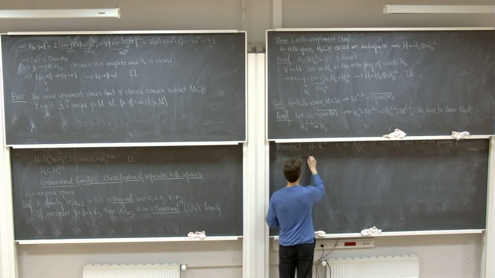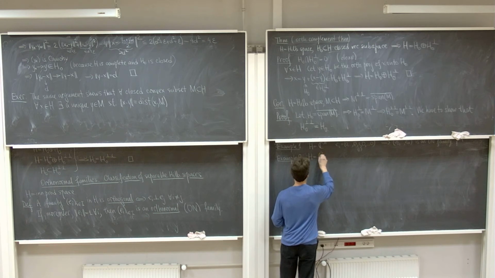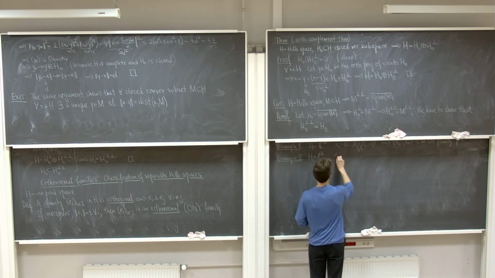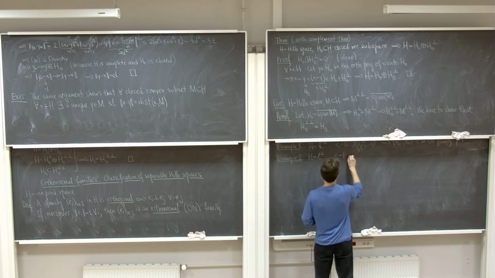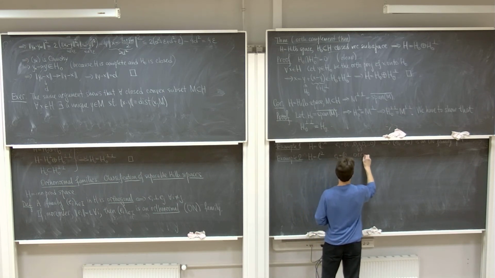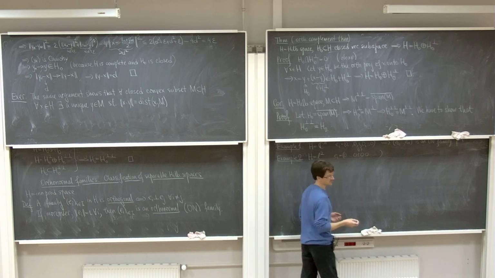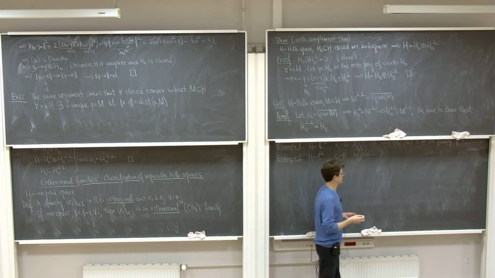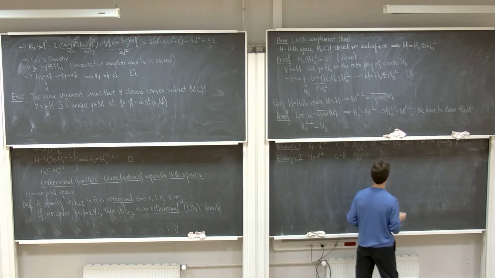Namely, let H now be the little l2 space of square summable sequences. And we define e_i in essentially the same way, but now the sequence is infinite. And we get a countable orthonormal family in l2.